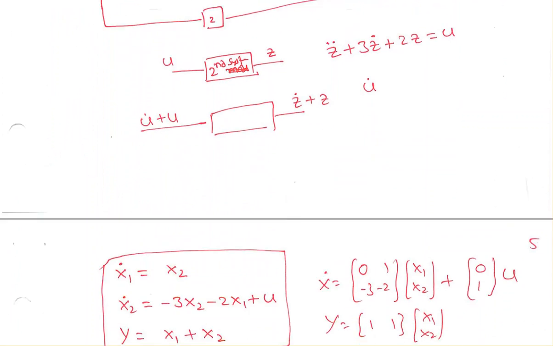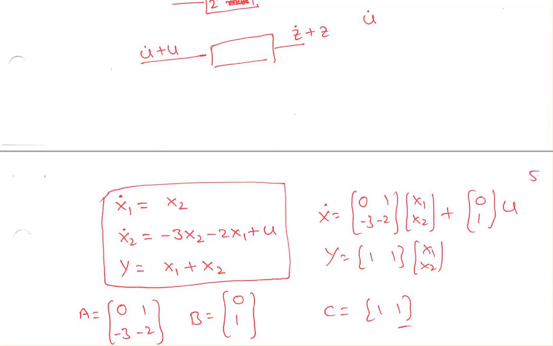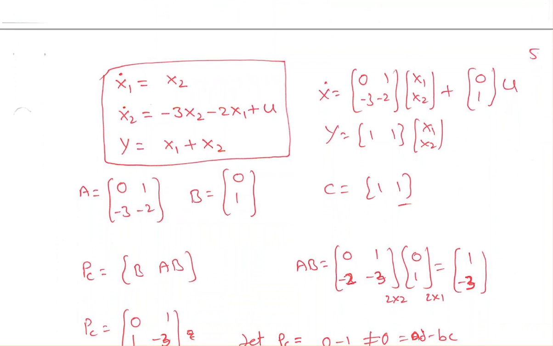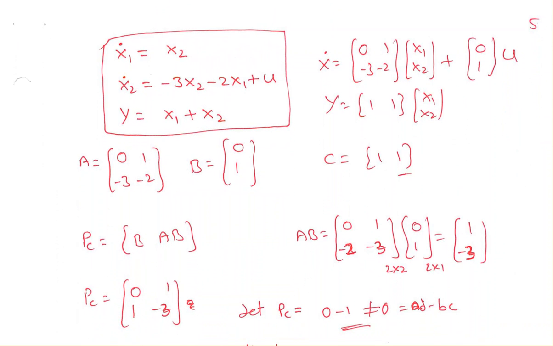By using the controllable canonical form, I end up with x1 dot equal to x2, x2 dot equal to minus 3x2 minus 2x1 plus u, y equal to x1 plus x2. So this is the controllable canonical form. Based on this, I found A equal to [0, 1; minus 3, minus 2]... and B equal to [0; 1].